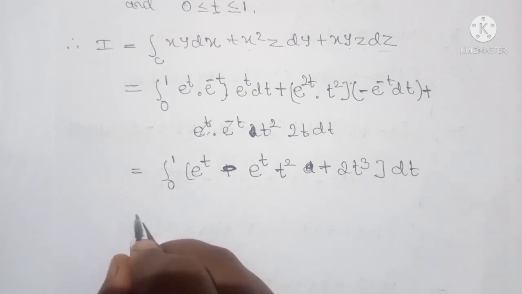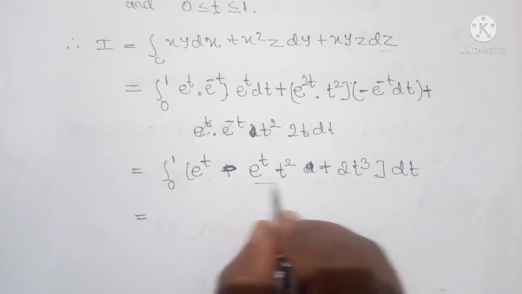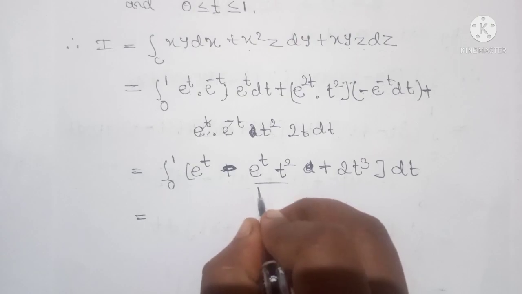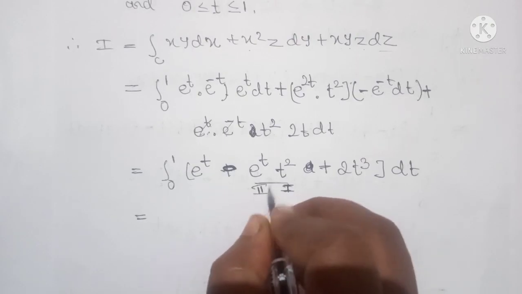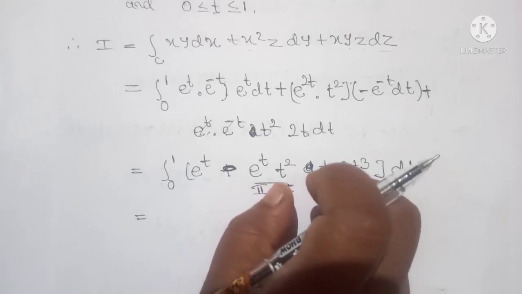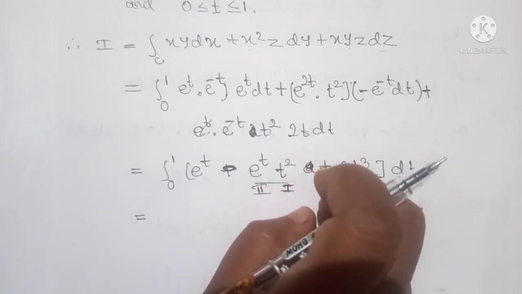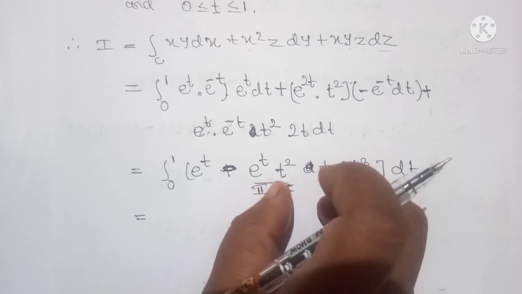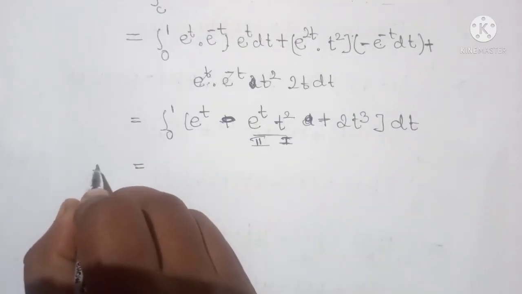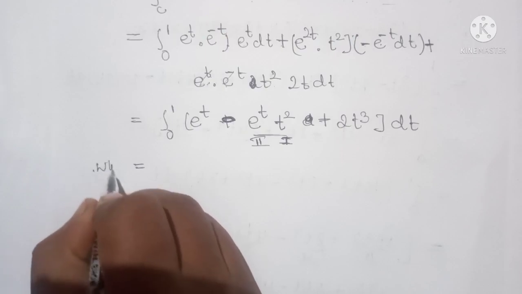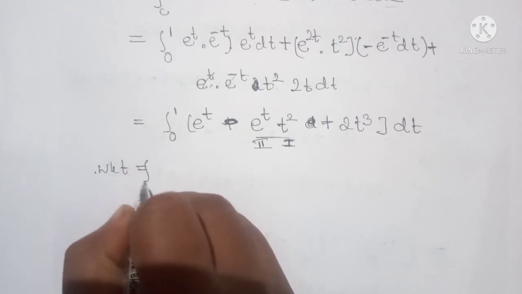Now integrating this one, we have to apply the UV rule. We treat this as the first function and e raised to t as the second function. Here we apply Bernoulli's generalized rule of integration, which will be easy. First I will write the formula.